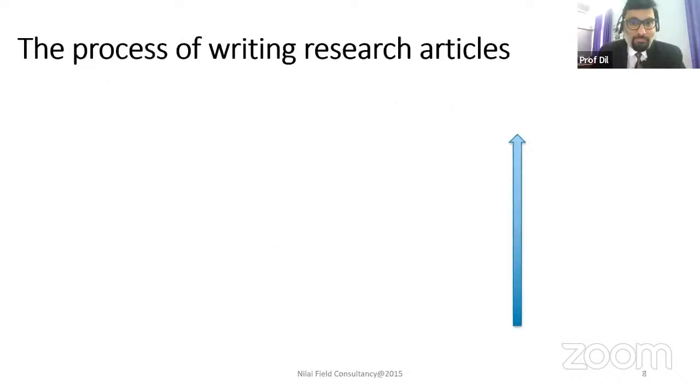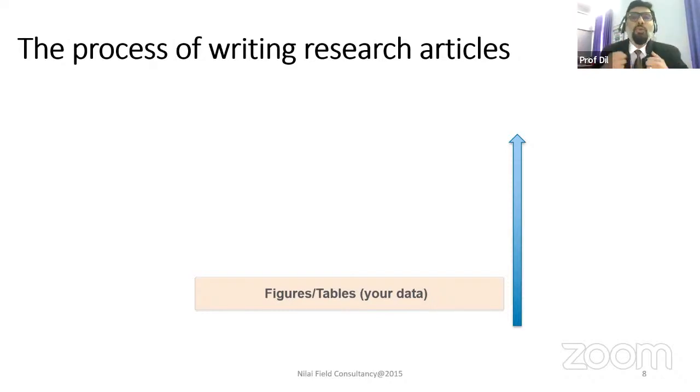Let me show you how the progression happens in this process of writing. Which tables can give an appealing effect for the readers? What are the tables, the figures, the charts, the pie charts or anything? Identify that first. That should not be left for last.